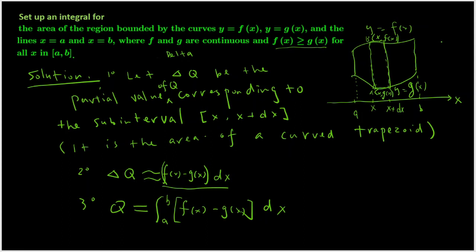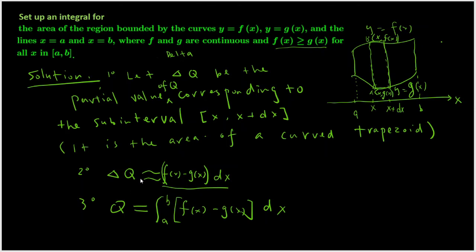Finally, I want to make some comments on the infinitesimal method. The first comment is that the approximation in step 2 applies to any value of x, wherever x is in the interval from A to B, as long as dx is tiny. The second comment is, look at step 2.